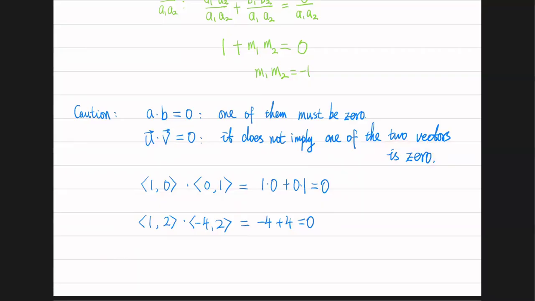Okay, what does it imply? The dot product is 0. Geometrically, what can we say about the two vectors when their dot product is 0?